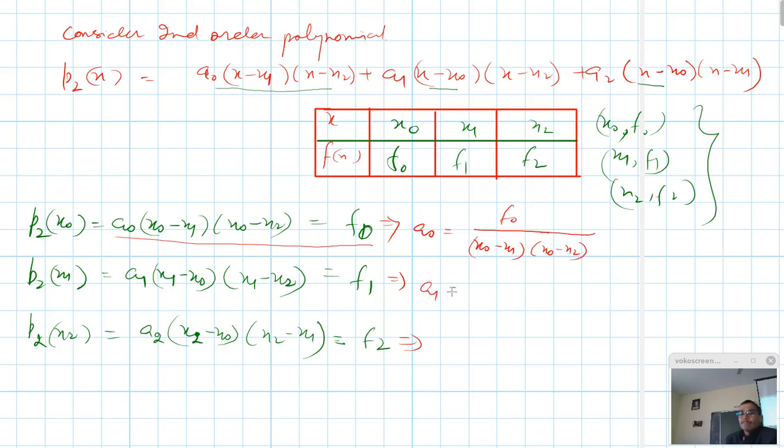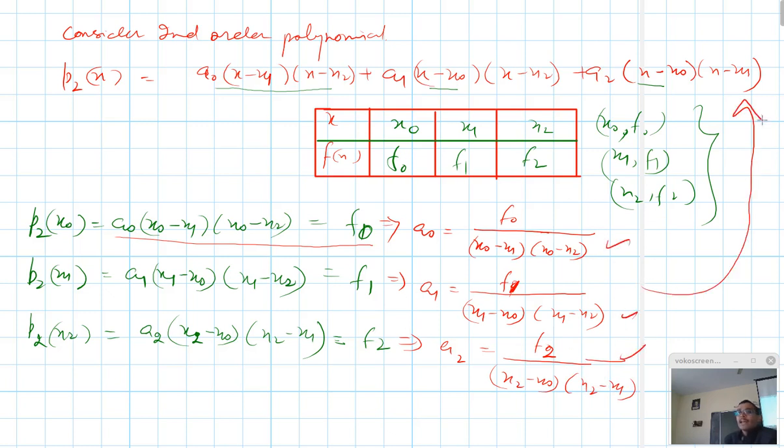From here a1 can be estimated as f1 over x1 minus x naught and x1 minus x2, and a2 can be estimated as f of 2 over x2 minus x naught and x2 minus x1. That's what we are getting. Now putting these three values of a0, a1 and a2 in this polynomial, that is the required polynomial.